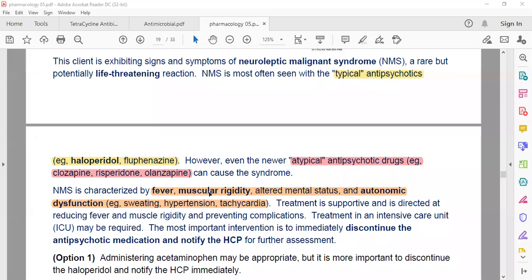Patients sometimes develop seizure or catatonic behavior. If we see signs and symptoms like this, the priority is to control the body temperature. Next, the most important intervention is to immediately discontinue the antipsychotic medication and notify the healthcare provider for further management.